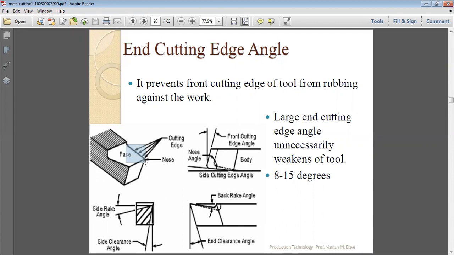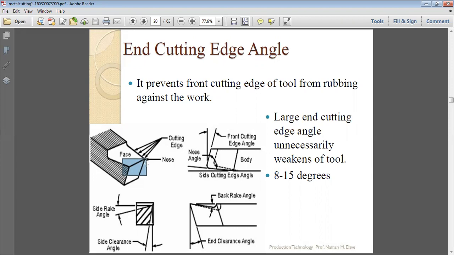Clear? And if we look from this edge and take a straight line from it, this is your front cutting edge angle. So we have two cutting edge angles, for the front and side. It prevents the front cutting edge of the tool from rubbing against the work. We have the same purpose here: the front edge, the cutting edge of the tool, is not directly rubbing on the work.